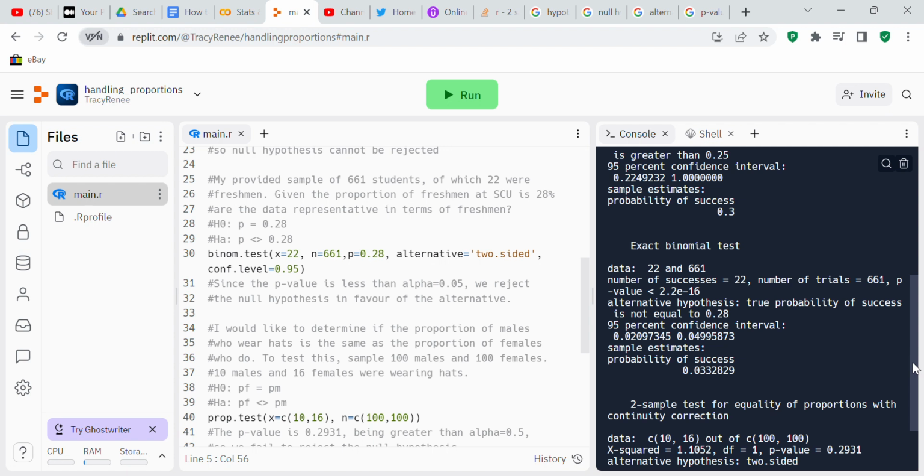I spent a lot of time trying to research it, but the answer is the p-value is less than 2.2e-16. It didn't say it was equal to, and that's where I got flummoxed. Since the p-value is less than alpha equals 0.05, we reject the null hypothesis in favor of the alternative. So this is one area where it's not accepting the null hypothesis, it is rejecting it.